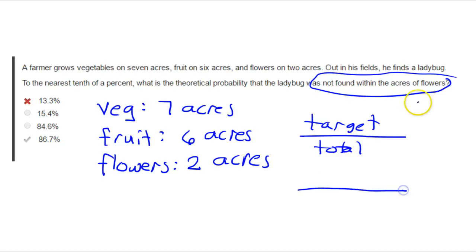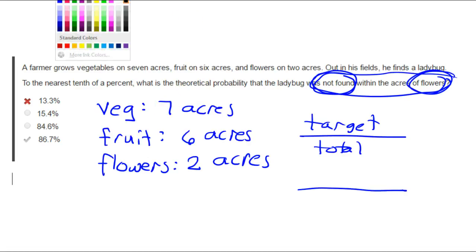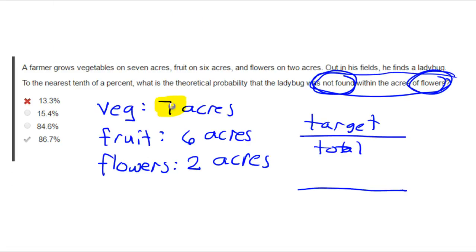The target is not flowers, so the ones that are not flowers are the veggies and the fruit. That's 13 acres that are not flowers, out of a total of 15 acres if you add them all up. So 13 out of 15 non-flower acres.